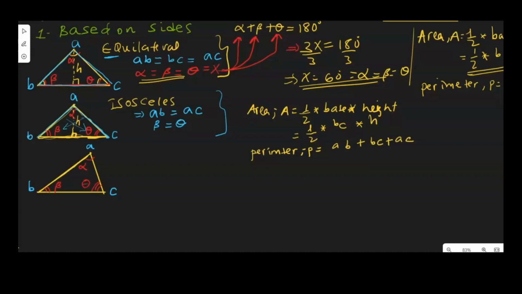The third type of triangle, based on sides of a triangle, is a scalene triangle.